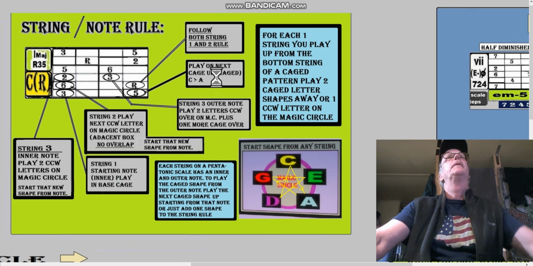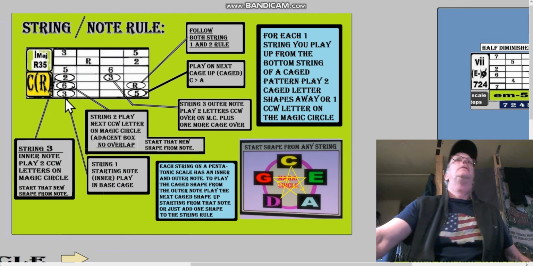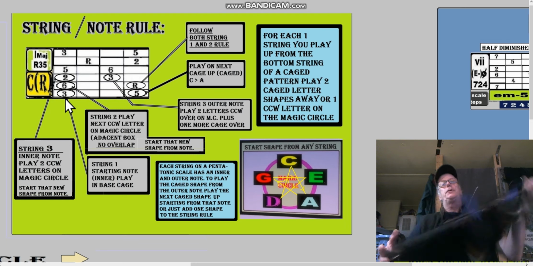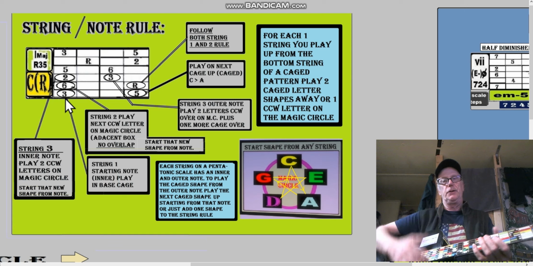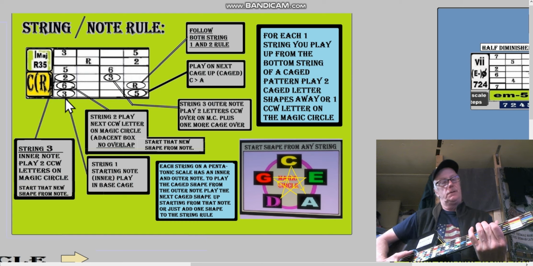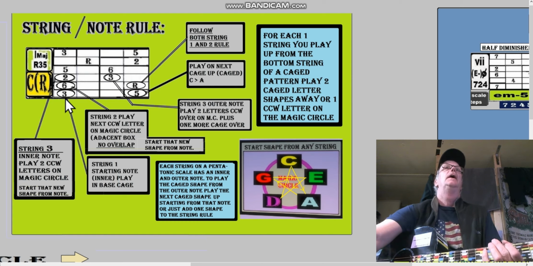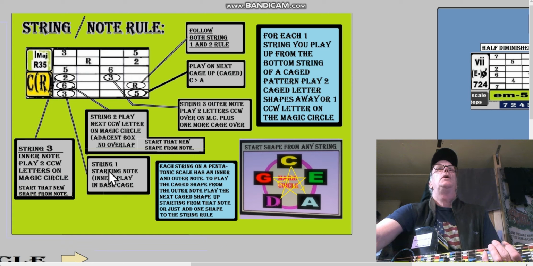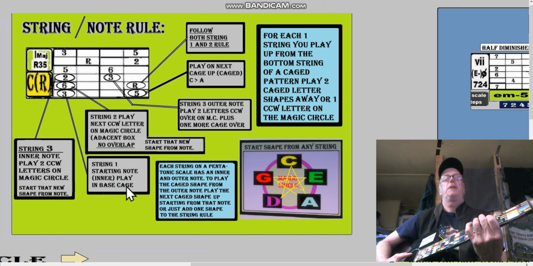The first note is the inner note on the lowest string, the low E string. So that would be the E note. And it says start string 1, start note inner, play the bass cage. So we'll just play the bass cage.